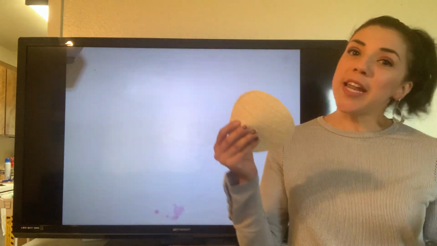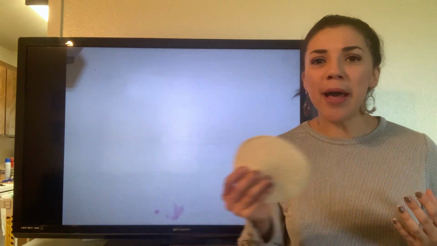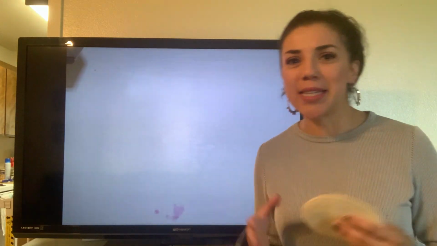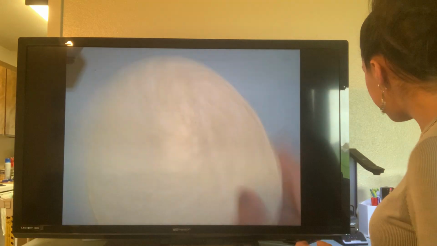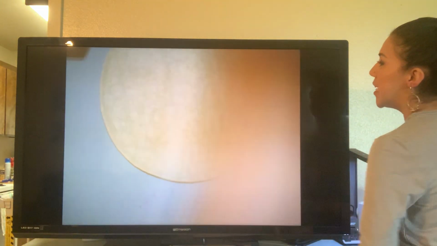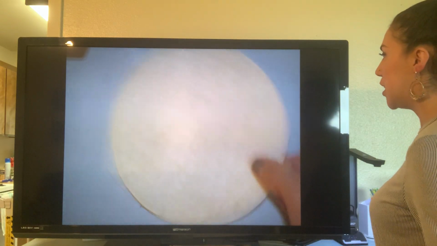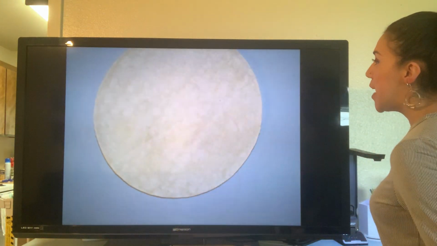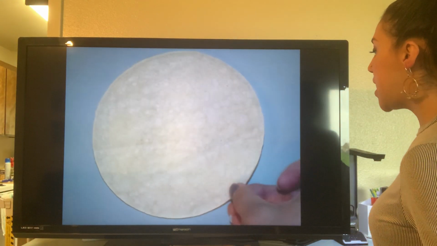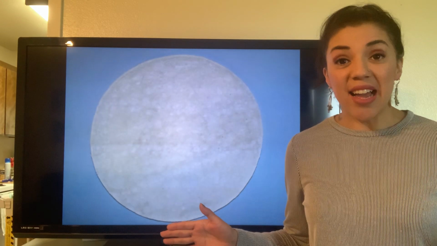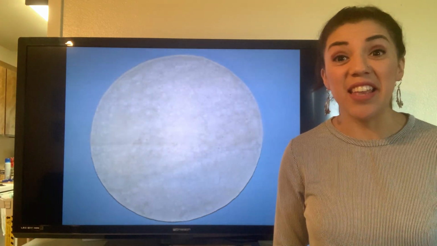But we're going to use a tortilla to model how Noah can cut this fruit pizza. Okay, so there is my fruit pizza. Now you can't really see it, but no, it's a tortilla. You can put cheese on it, you can put beans on it, you can put meat on it. You can literally put anything on it and it will taste delicious.